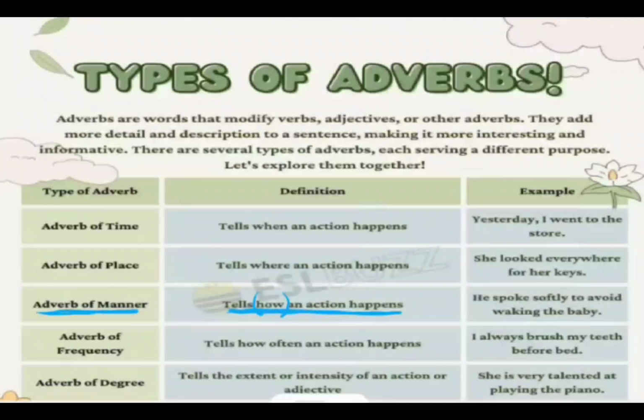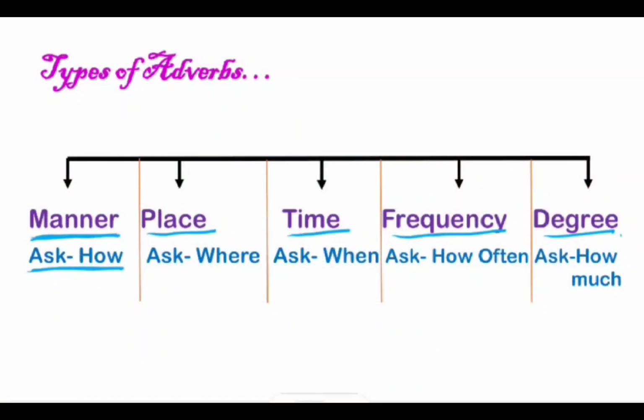He spoke softly. Spoke how? Softly. So that's the manner in which he spoke. So you ask the question how to the action or to the verb. Then adverb of place. Ask where.